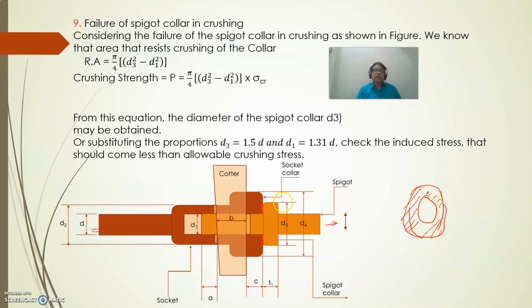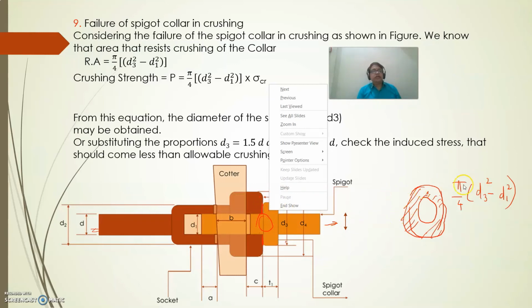What is the diameter here? D3, and this inside diameter is D1. So what you will get is pi by 4 D3 square, the total area, minus this area that I had to remove, that is minus D1 square. So this is the contact area of the spigot collar in contact with this.